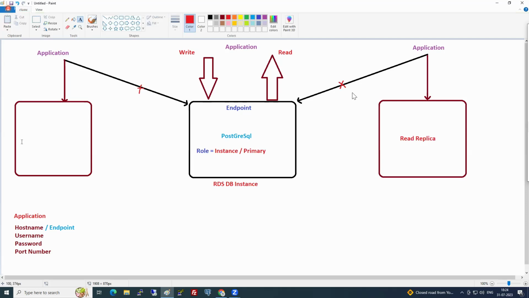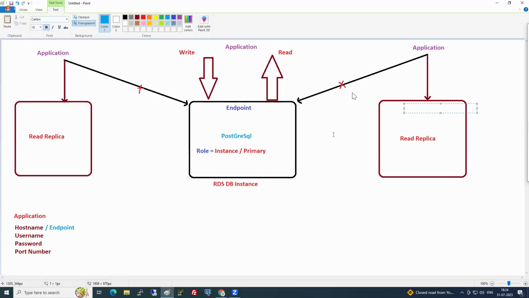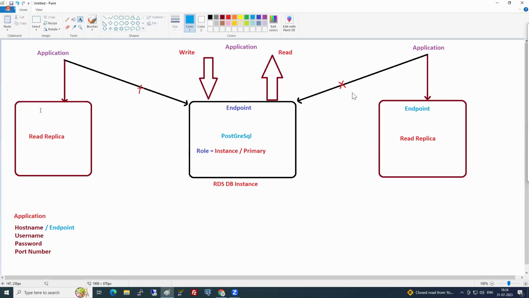This is one read replica. This is another read replica. So how will these applications connect to the read replicas? Guys, generally your application connects to the DB instance using endpoints. So this application will also connect to read replicas using an endpoint. Every read replica will have its own endpoint.